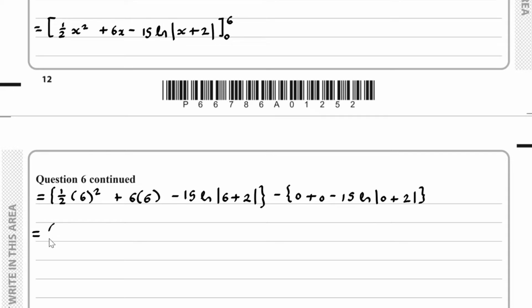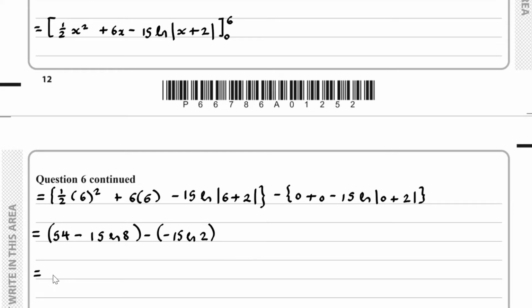So for our first bracket, we have 54 minus 15 times the natural log of 8, because 6 plus 2 gives the 8. For this bracket, we have minus 15 times the natural log of 2.